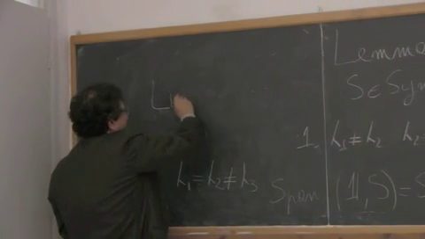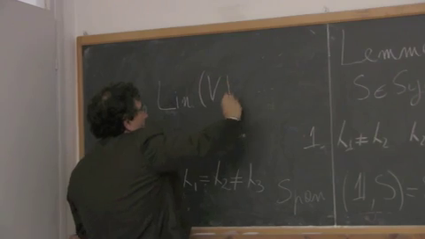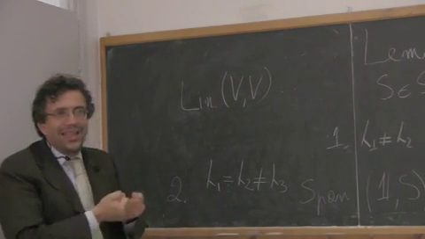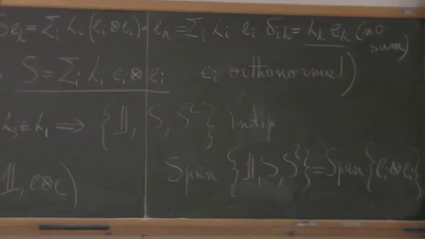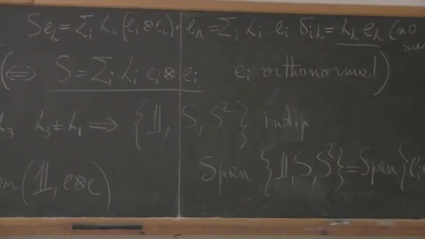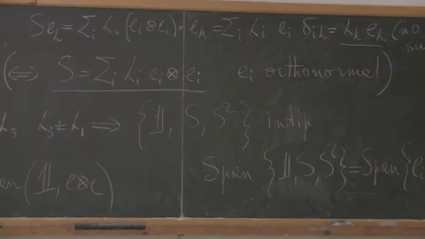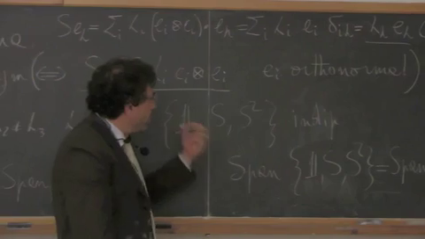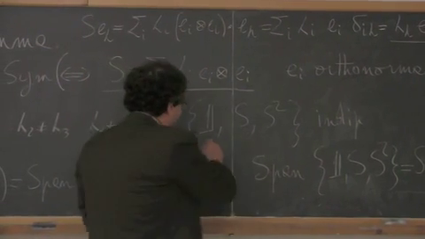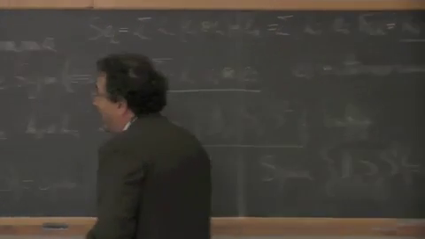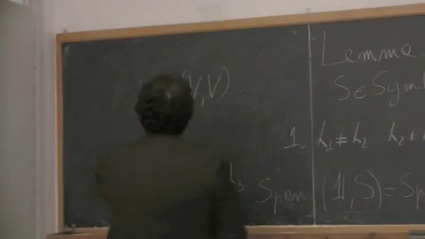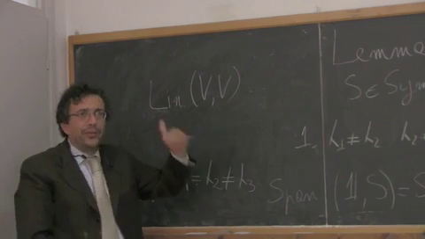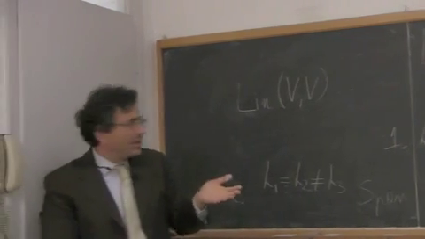Now I understand it is somehow difficult to understand. S is a linear map, but it is also an element of a vector space. S square also. Okay, so what I'm telling you is that these 3 linear applications regarded as vectors in Lin VV form a set of independent vectors.